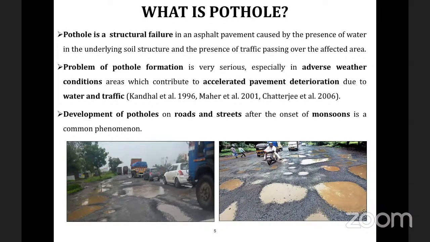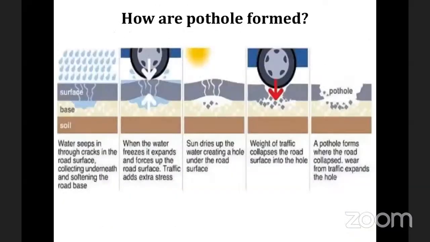It happens due to water and due to the presence of traffic. These potholes usually develop on urban streets after the onset of monsoon, that is during the rainy season. In adverse weather conditions, water and traffic contribute to accelerated pavement deterioration.